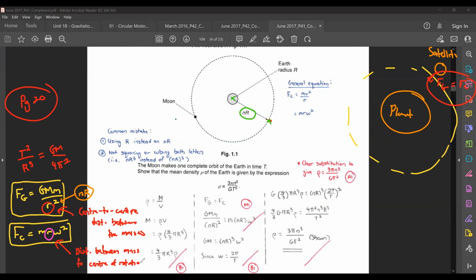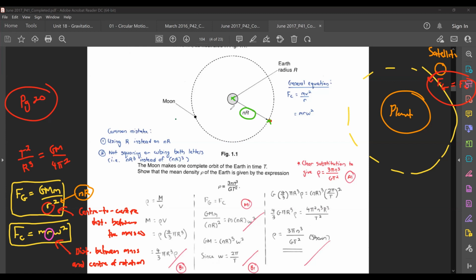There's a difference between the R for Fg and the R for Fc. Although they seem the same, they can mean different things. For Fg, it is the center to center distance between the masses. For Fc, it is the distance between the mass and the center of rotation.